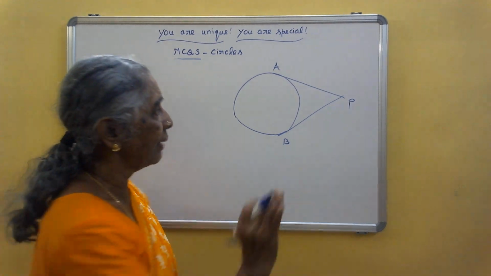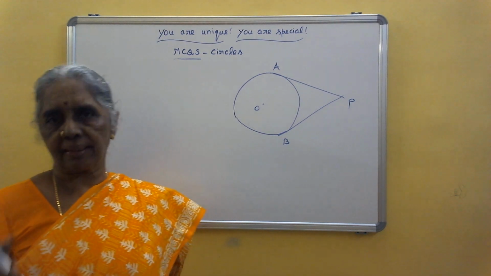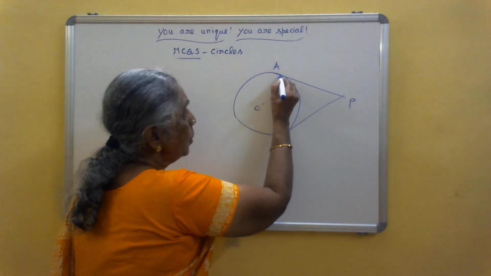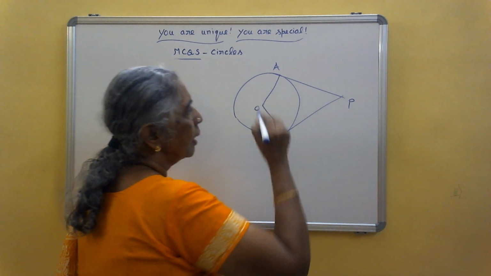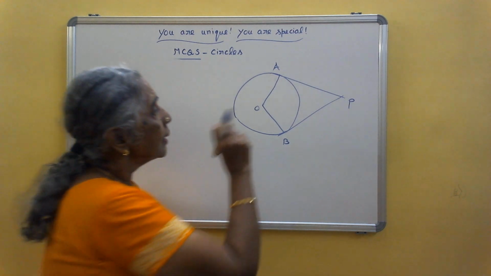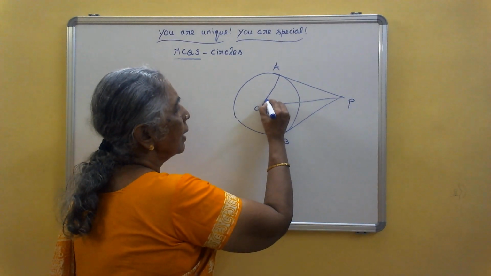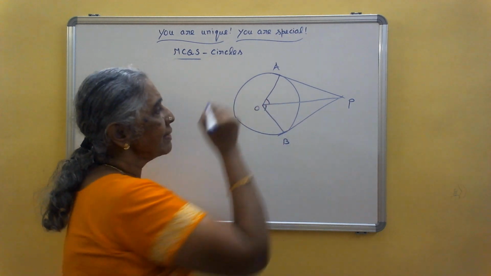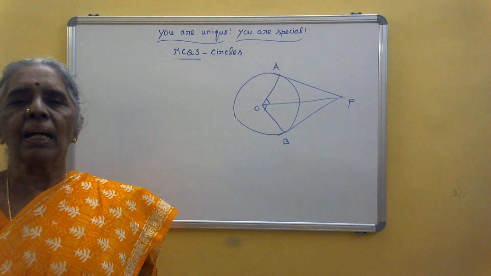Okay? Then, if O is the center of the circle, here I want to join this OP, no? Now both these angles, that is angle AOP and angle BOP, will be same.